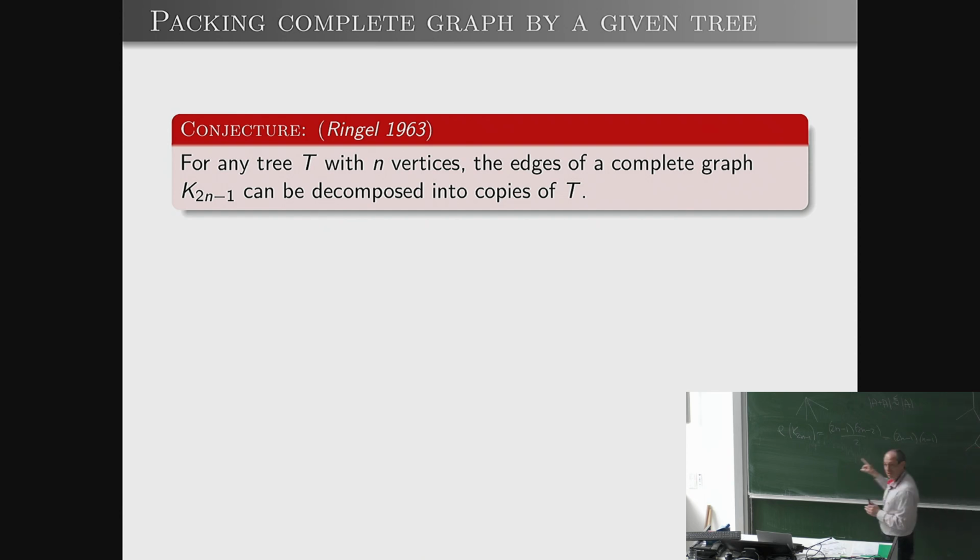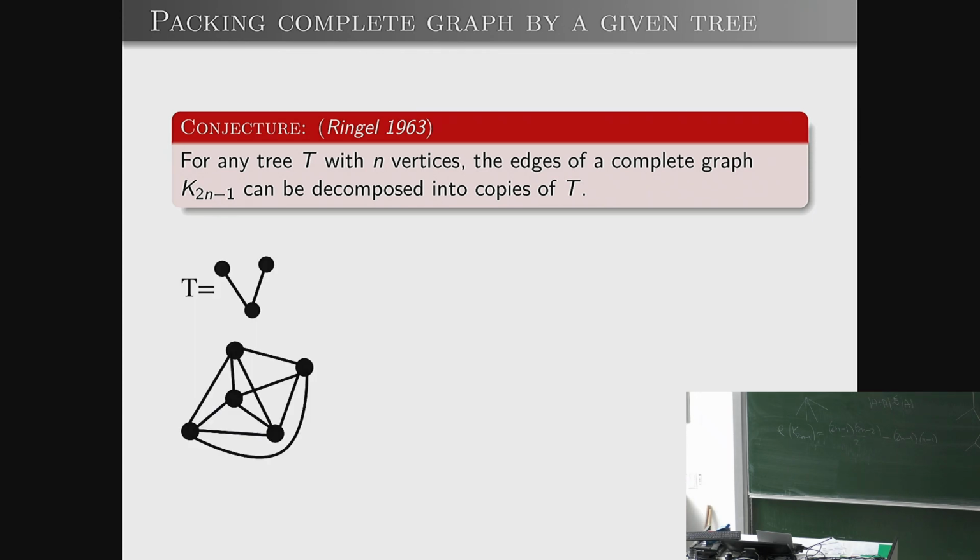So, at least from the numerology, it is possible to place an arbitrary tree T exactly 2n minus 1 times to cover the complete graph. For example, I will demonstrate. This is a path of length 2. This is a graph on 5 vertices. And indeed, I can tile the edges of this graph using the path of length 2. But of course, this is a baby example.